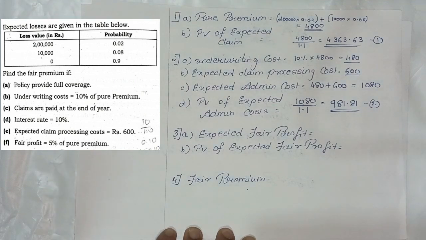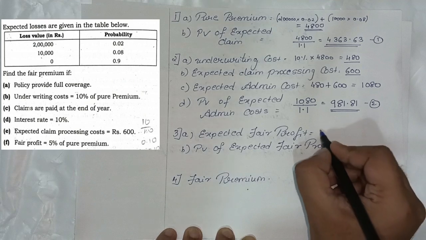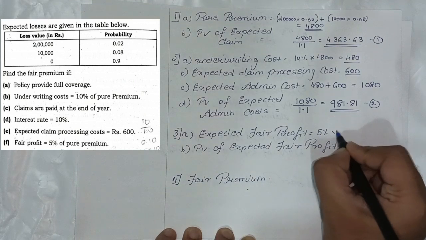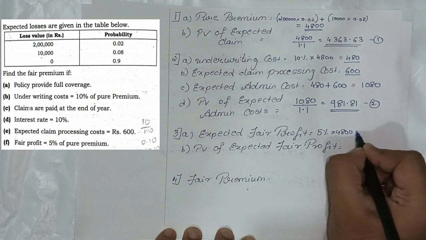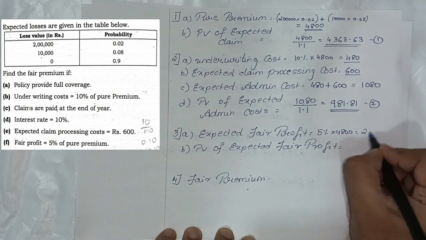Now third, we need to find the expected fair profit. In the question it is given that the fair profit is going to be 5% of pure premium. So again same logic, 5% of 4,800, okay, which comes to 240 rupees.